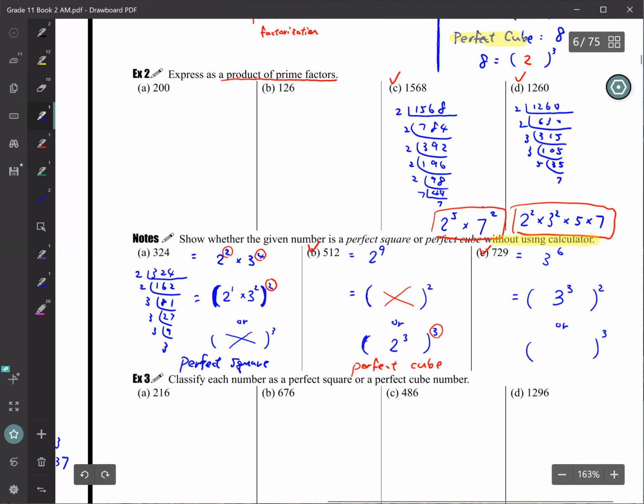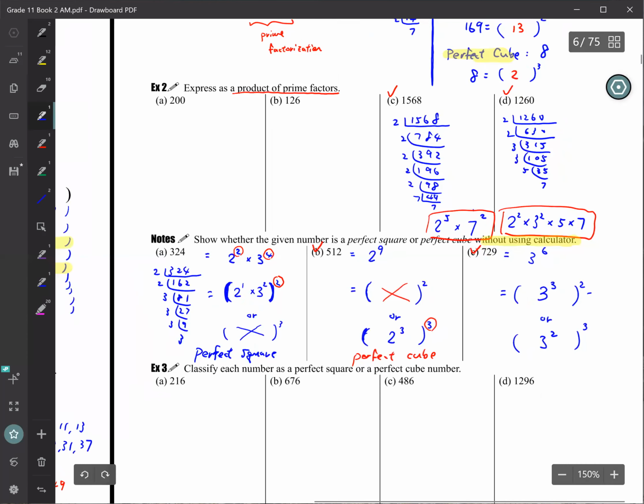And perfect cube? 3 to the 2. Yeah, so this one is both. So 729 will be the same as 27 squared, because 3 to the 3 is 27. Or you can write it as 9 to the cube, because 3 squared is 9. So this one is both.